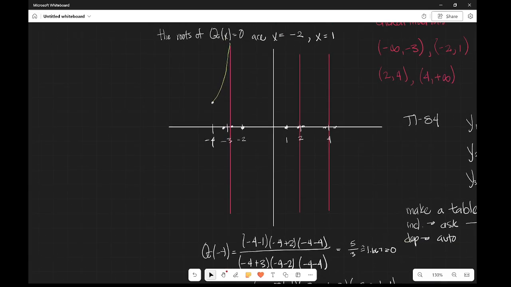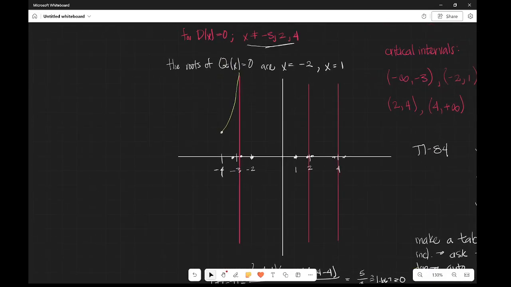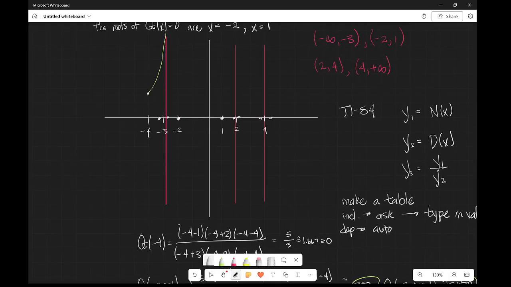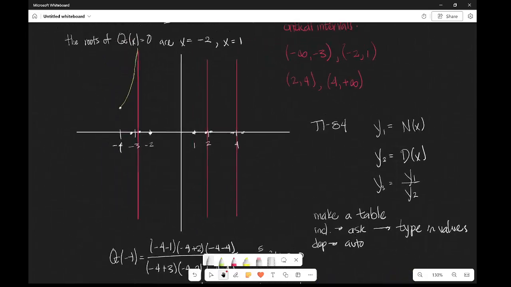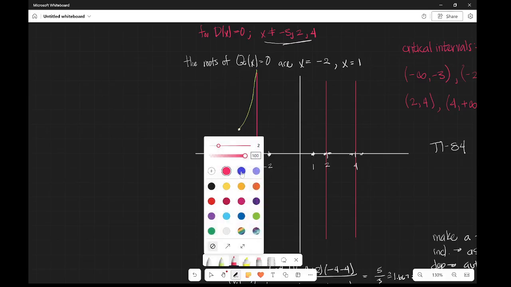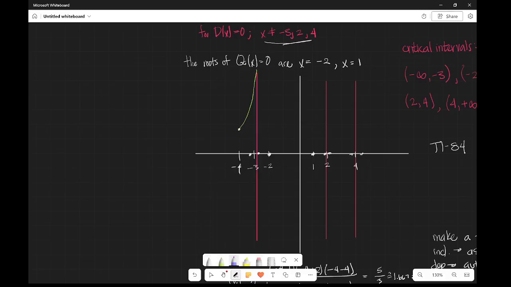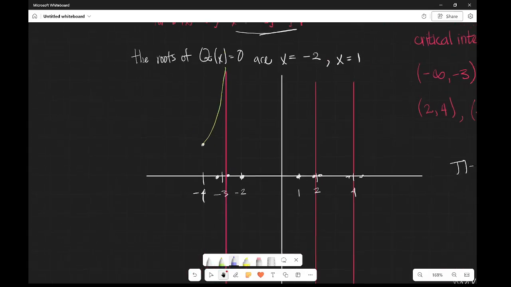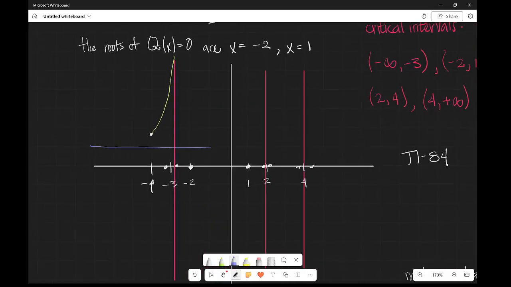That means that this function, no matter how far you go out, will always approach the value of 1. So I'm just going to draw that in here right now.